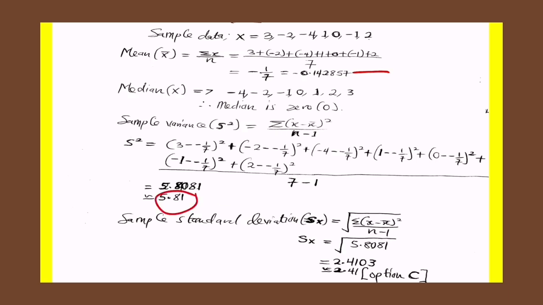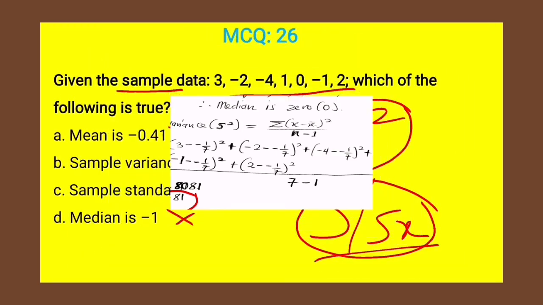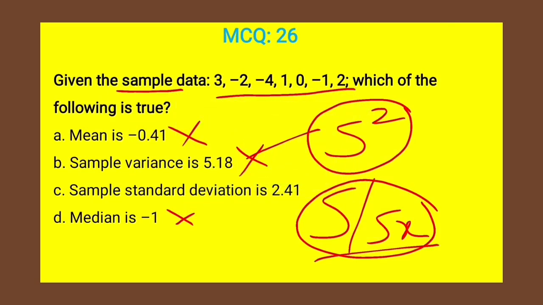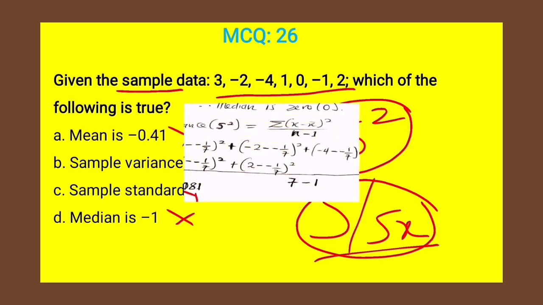So all I will do is take the square root of 5.81, or in that case 5.8081, and I'm getting 2.41. That is the sample standard deviation, which is correct. Out of these options, it is actually the sample standard deviation that represents the sample data in this case. So let's take note of that. See how I actually solved it.